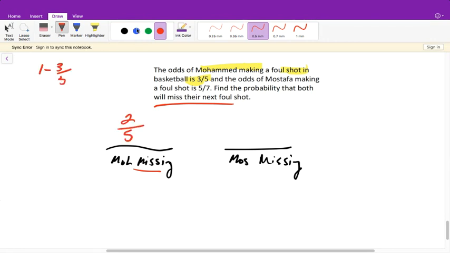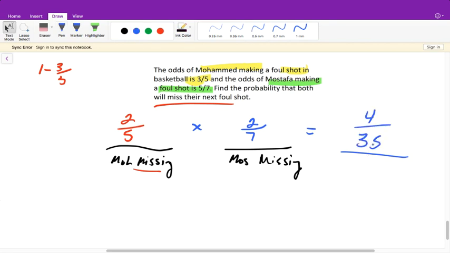All right, then if I want to find the probability of Mustafa missing, here they're telling me Mustafa makes his foul shots every 5 out of 7. So that means he's missing it every 2 out of 7. When I have multiple events and I want to talk about their probability together, we need to combine them. So we multiply them. This will then give me 4 over 35.